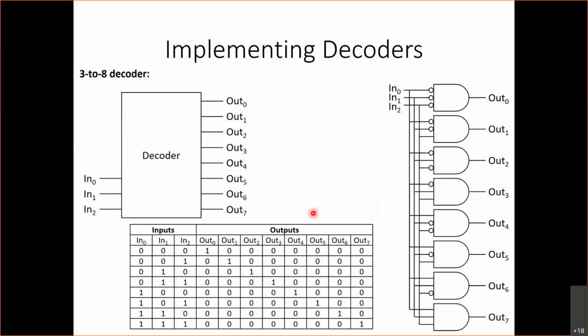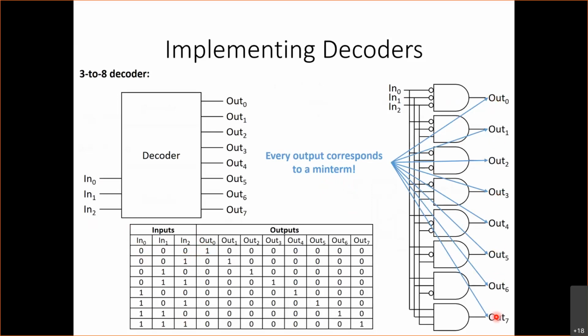Now, one thing that you probably noticed about this is that each one of these outputs corresponds to a minterm, right? So remember how we said that each one of these input rows has a corresponding minterm that is 1 for that row and 0 for all the other rows. Well, here you can think of each output of the decoder as corresponding to one of the minterms in the truth table.